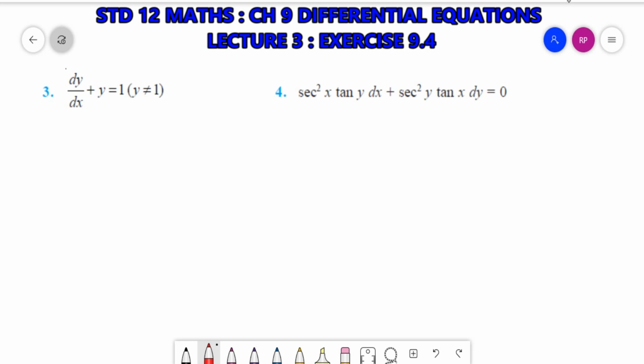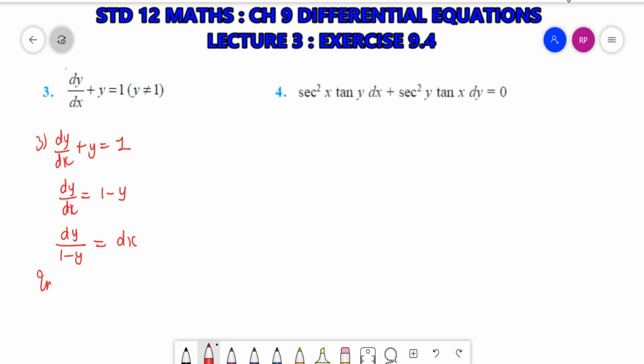Question number 3. dy by dx plus y equals 1. So I can write dy by dx equals 1 minus y. So dy upon 1 minus y equals dx.